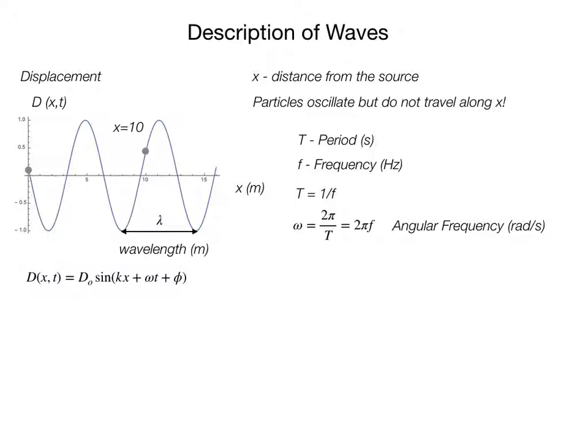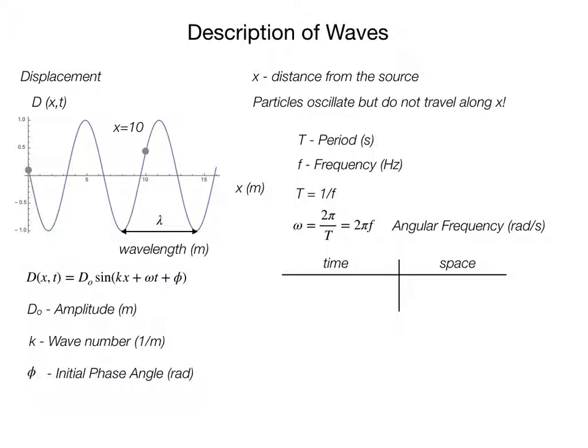And the argument of the sine here is kx plus omega t plus phi. Here d naught is the amplitude, or how far a particle goes away from equilibrium. k is the wave number measured in units of 1 over m. Phi is some free parameter called the initial phase angle. Sometimes we need to have the freedom to add some constants into that argument to fit particular conditions for our waves.